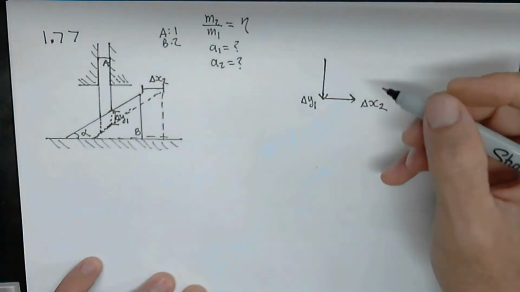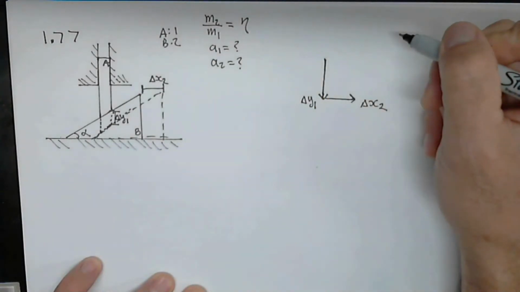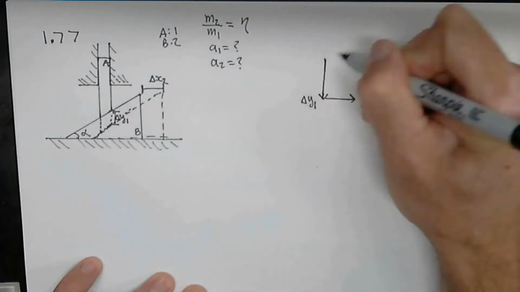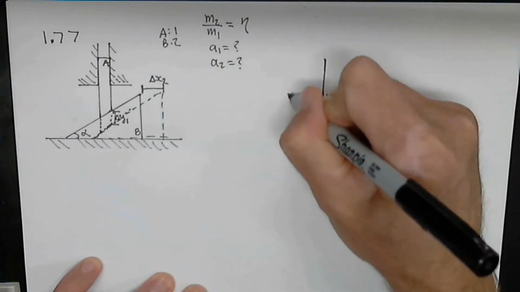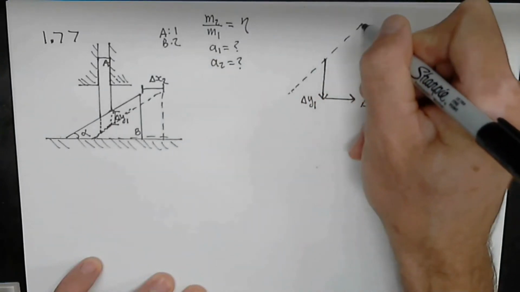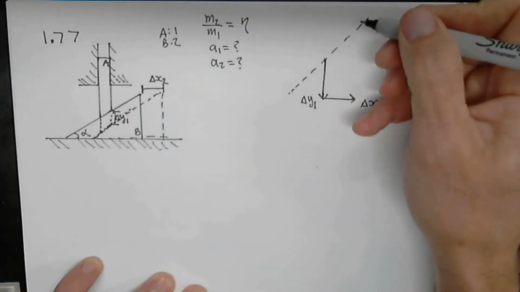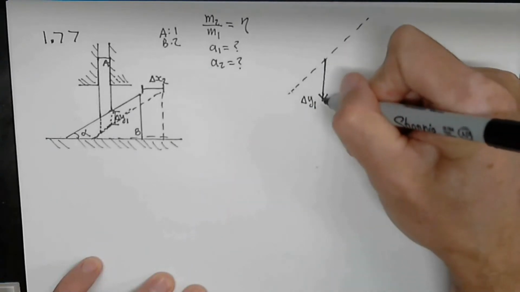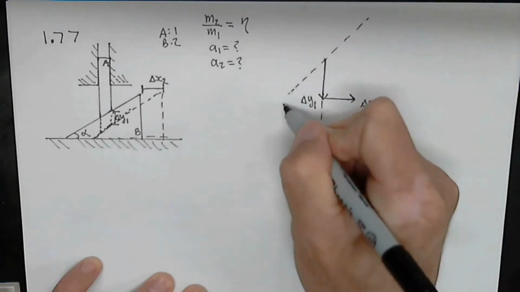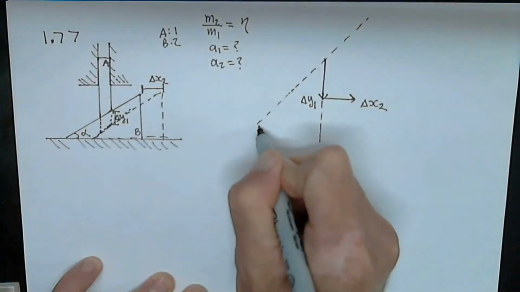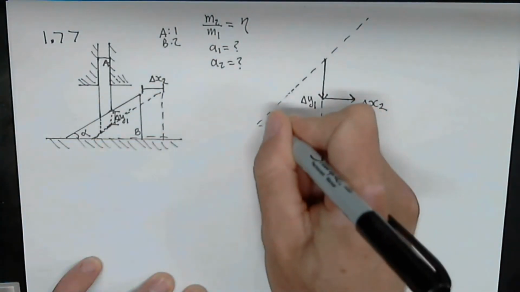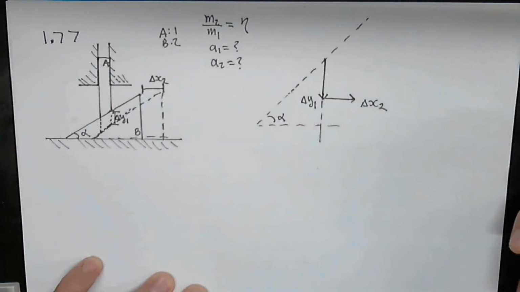This is straight down and this is the plane, so you can extend this down, and this is alpha.